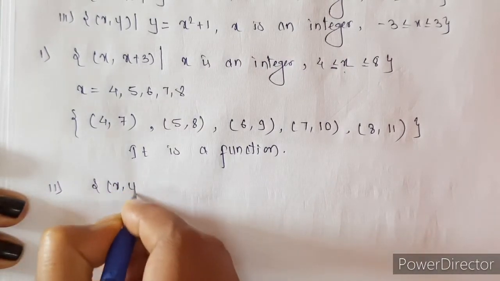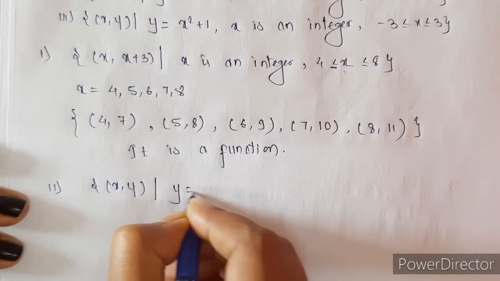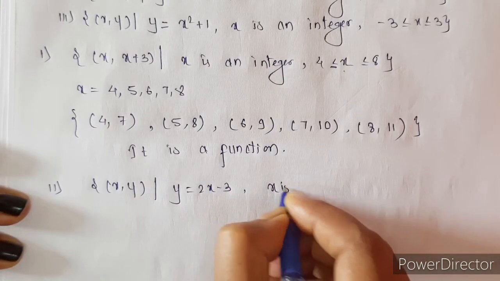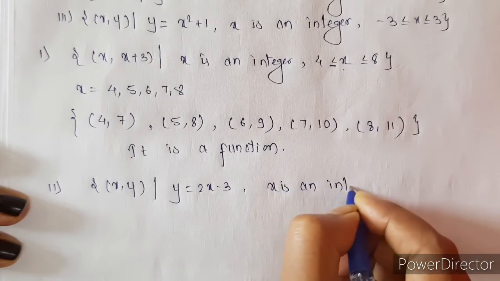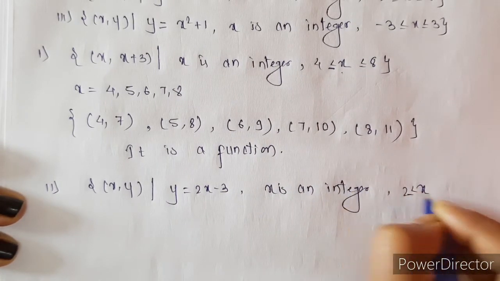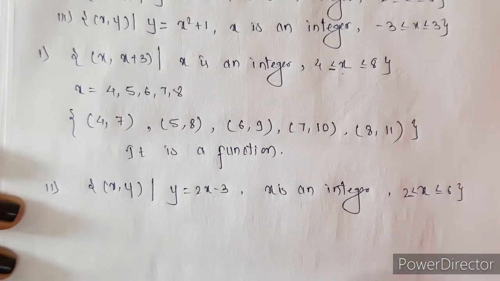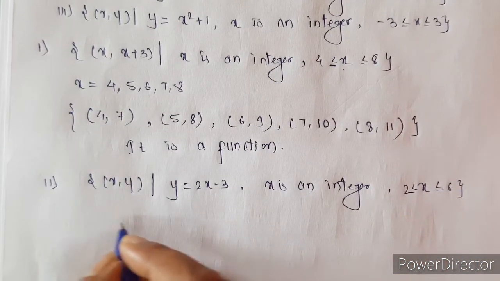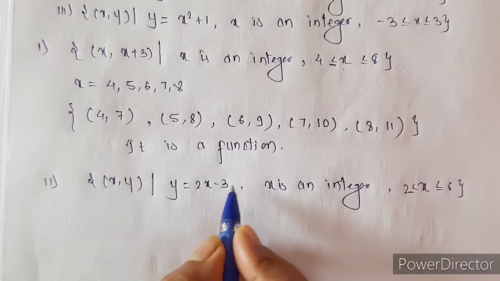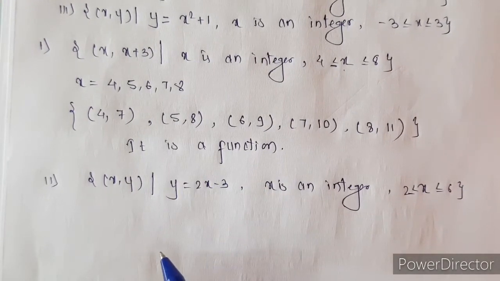Now the next one: the set of all (x, y) such that y equals 2x minus 3, where x is an integer and x lies between 2 and 6. So we have to find the ordered pairs (x, y) again, where y is 2x minus 3.